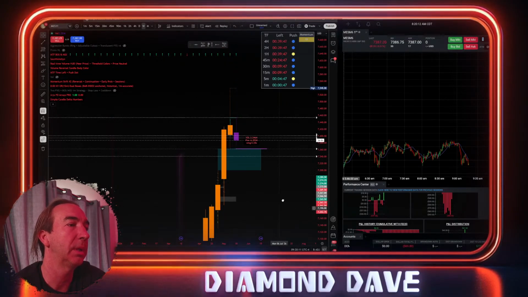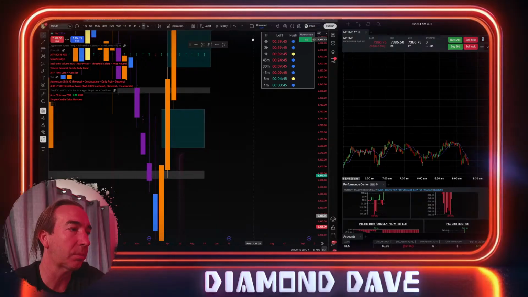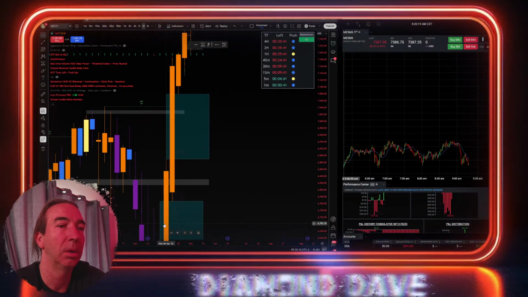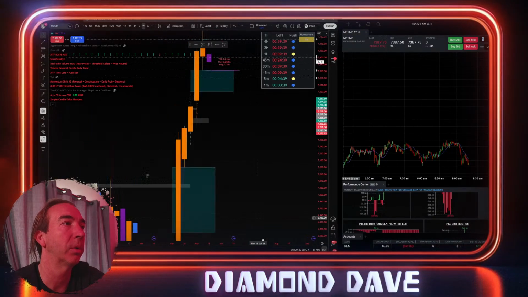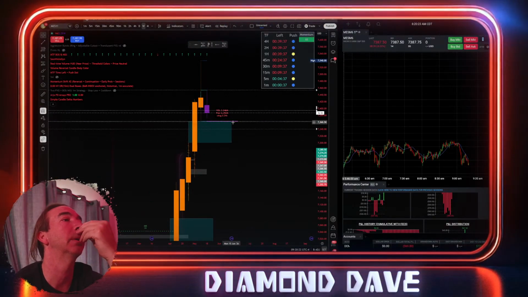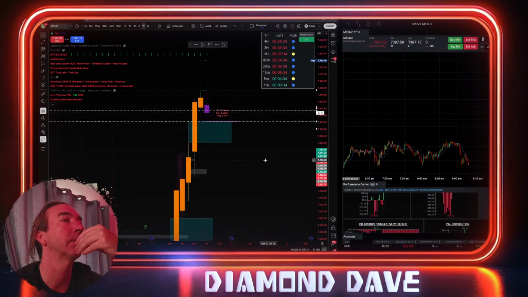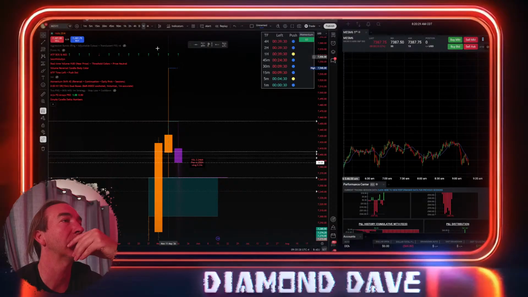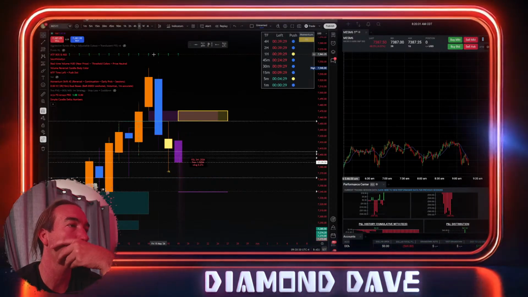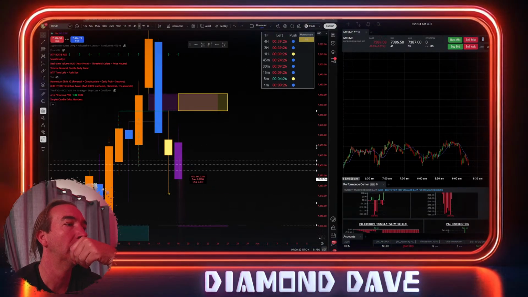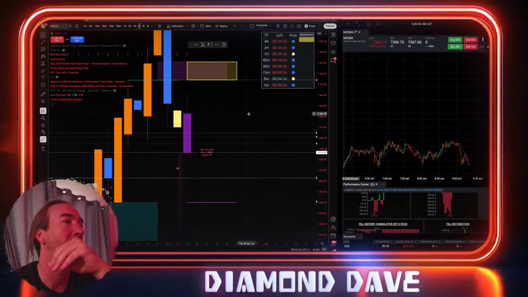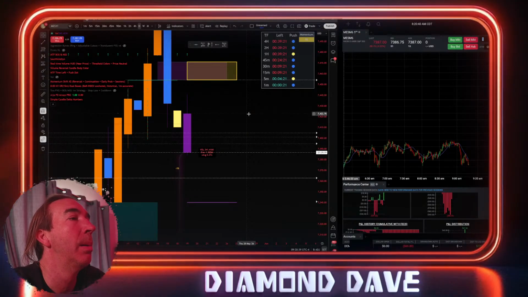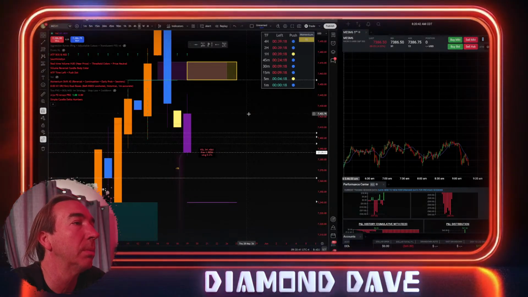So we do see, after almost a month, a bit of a pullback. We were at all-time highs. And the market structure on these levels still seems to be in an uptrend.